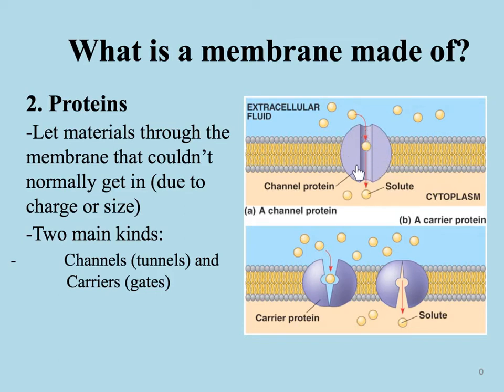So this would be an integral protein, and then peripheral proteins, which would be ones that are basically on the surface of the cell membrane. But for me, just know the two types, channel and carrier, but just keep in the back of your mind integral versus peripheral in case you see that in text.